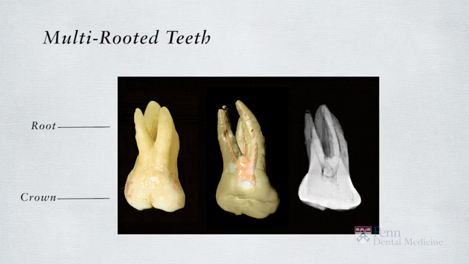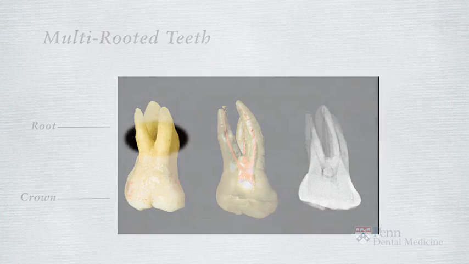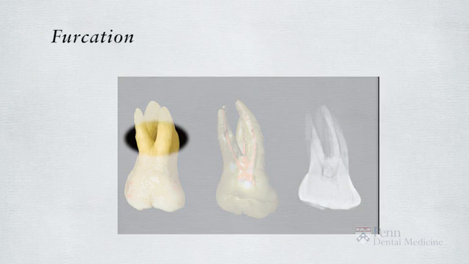The maxillary or the upper molars have 3 roots per tooth. The mandibular molars have 2 roots per tooth. And of course, the extra roots provide the tooth with additional support. In multi-rooted teeth, there is an area where the roots divide, which is known as furcation.